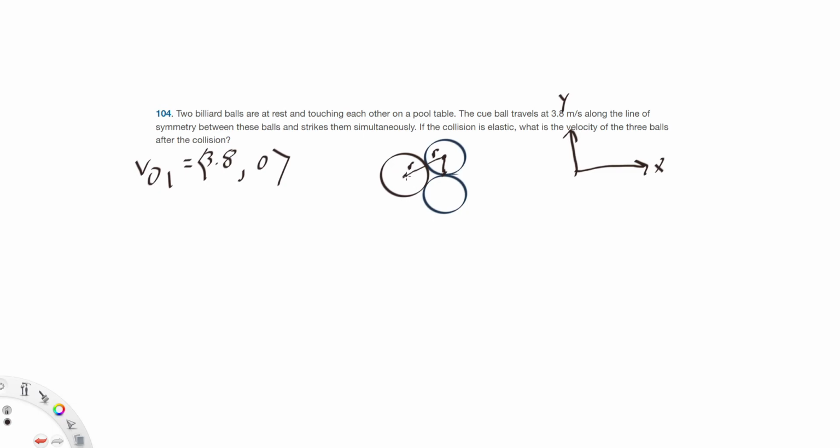So question 1, like sub-question 1, at what angle does the cue strike the other balls?